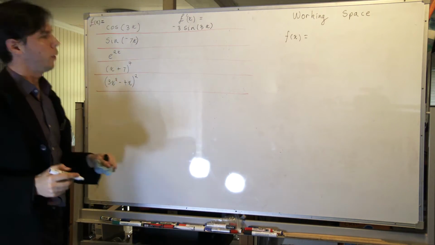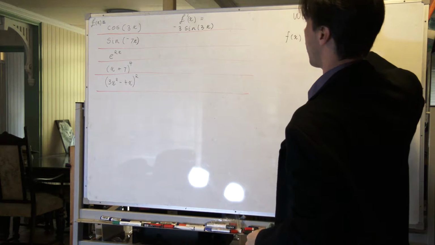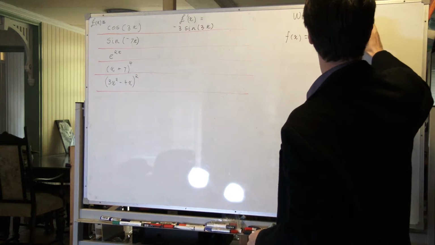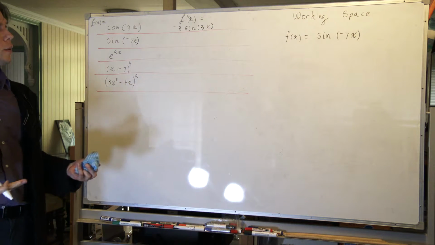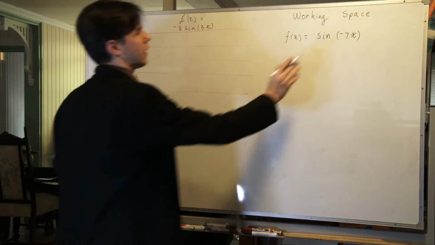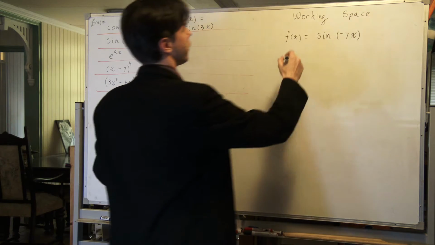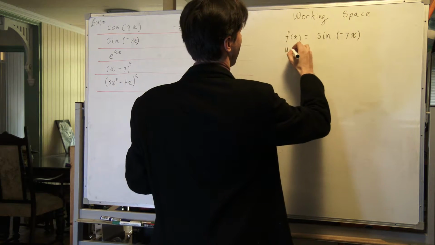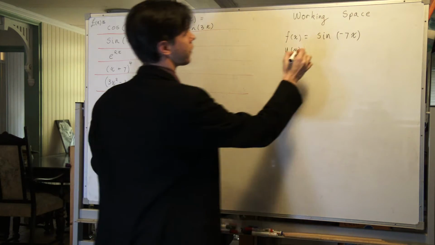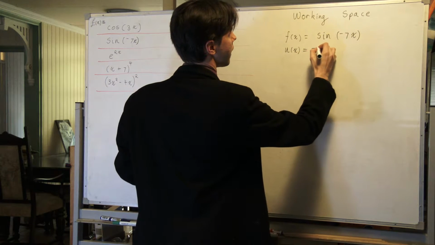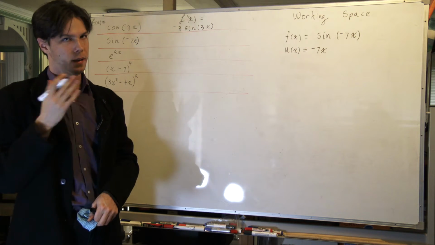So, the second question is sine of negative 7x, and I look inside the bracket for what sine is taking, and it's not just taking x, it's taking negative 7 times x. So I can make some function u which depends on x, and that is equal to negative 7 times x. Then it's the same thing.